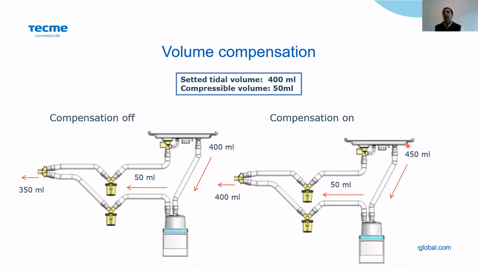So with this compensation, the machine gives a higher tidal volume through the patient outlet in order to guarantee that the patient gets what we have set on the machine.